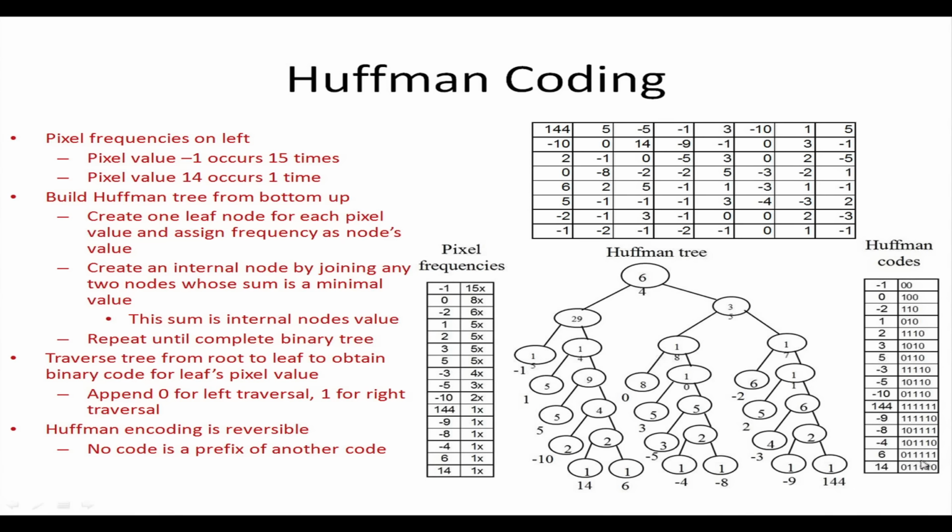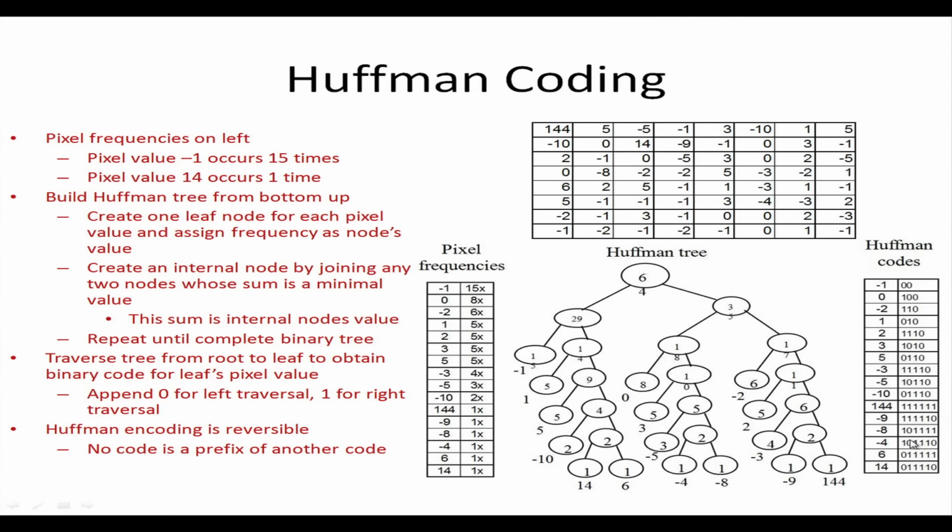So, something that is least frequent is being given more number of bits, because I want to capture more information there, and the number of bits and the amount of information is coupled in the entropy relationship minus pi log pi. Okay. So, in that way Huffman code is generated.